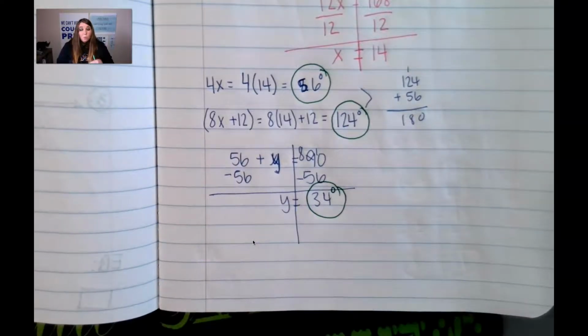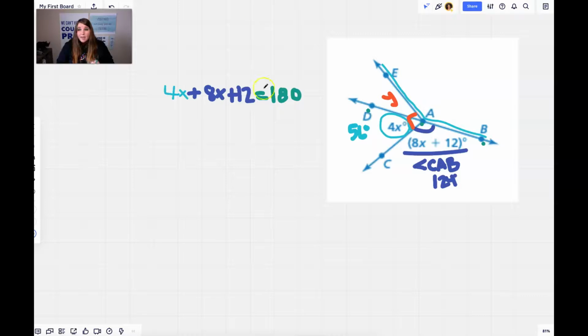And remember, what did I tell you at the very beginning of this? At the very beginning, I told you that all the way around point A was like going in a circle, right? And it equals 360. Or it was 2 straight lines. So this is a straight line, 180 on this side, and this is a straight line, 180 on this side.